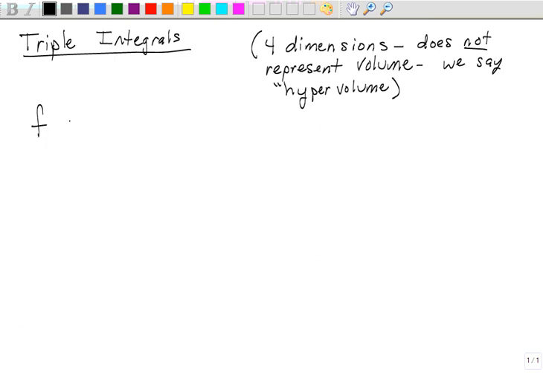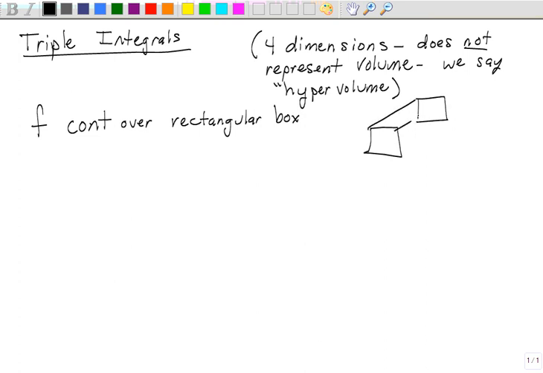We'll take f continuous on a rectangular box. We'll just take the axes to be general, with the z and y axes normal.